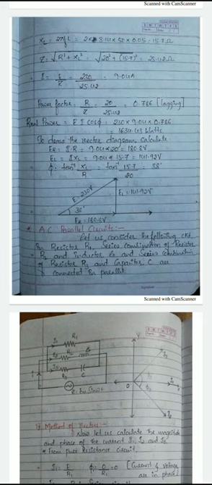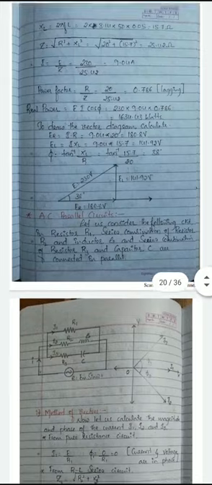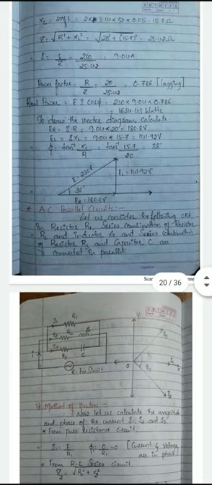Now to draw the vector diagram, we require ER and EL. ER is nothing but IR and EL is IXL. Substitute the values of current, resistor and inductive reactance, then you will get the values of ER and EL, right? Now to draw the vector diagram, take some standard scale. For example, the values are 180 and 141. Take scale as 1 centimeter equals 20 volts.